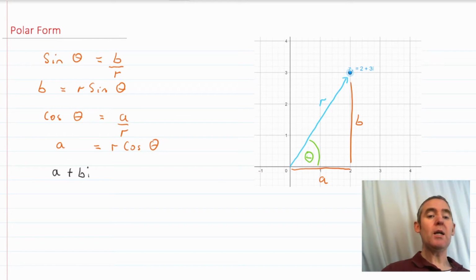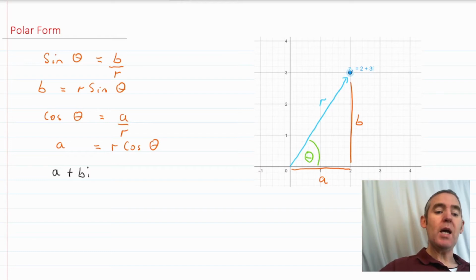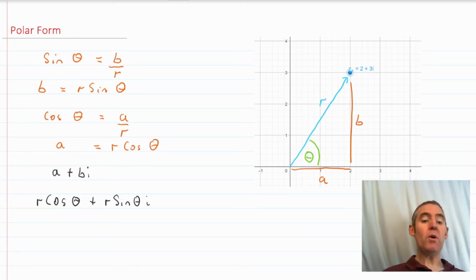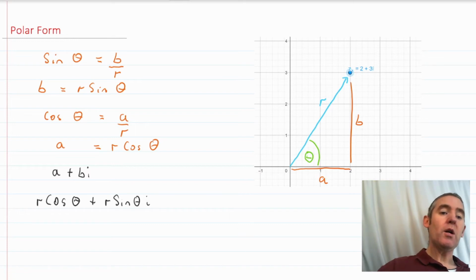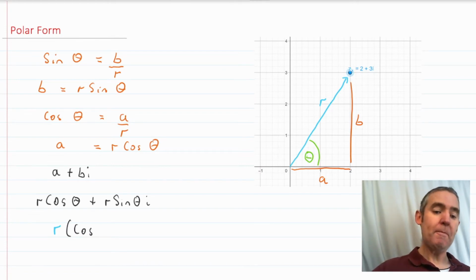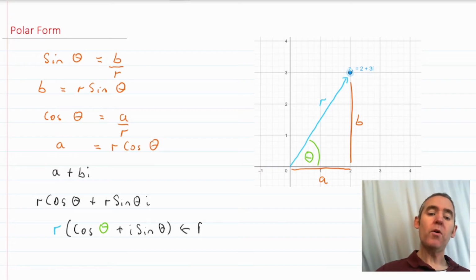A is R cos theta, plus B, which is R sine theta, and there's an i, of course, with the B. So what we can do is take out the R, so we have R times cos theta plus i sine theta. And that is called the polar form of a complex number.